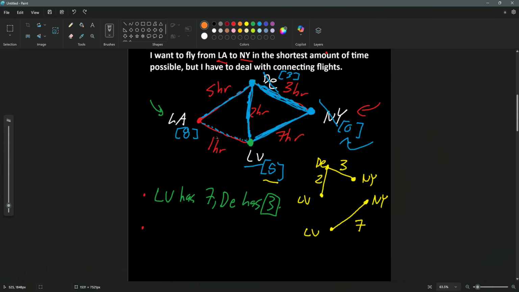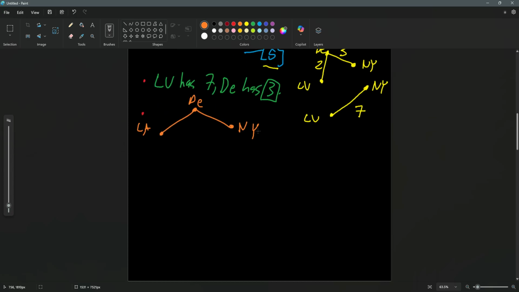And how do we check that? We're going to add, again, the edge that we're looking at, plus the number of the city. And so that's going to be 1 plus 5. And we draw the paths, right? Right now we're debating whether or not we do this. This is Denver. This is New York. We're trying to pick between this guy in orange and this other one, which is LA to Las Vegas to Denver to New York.